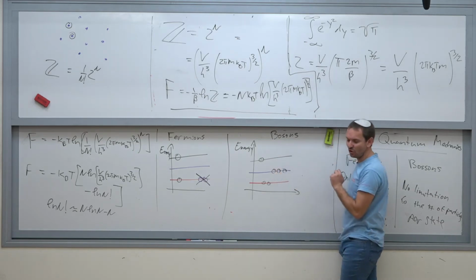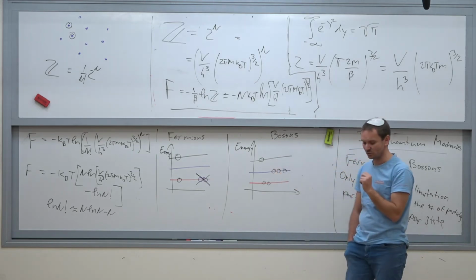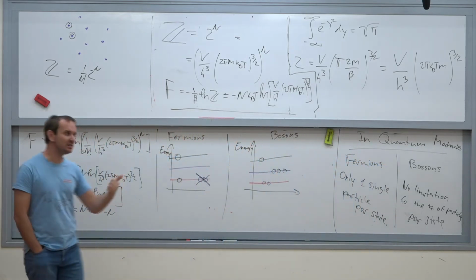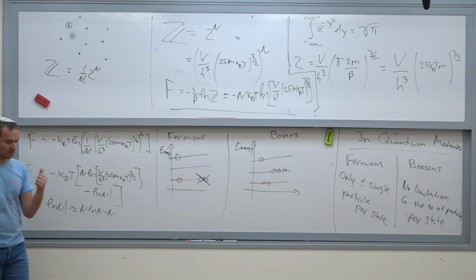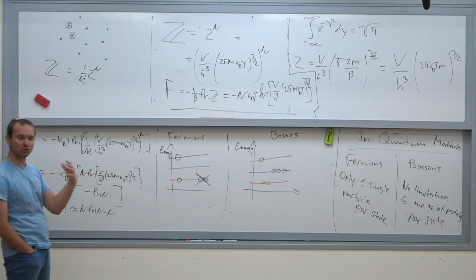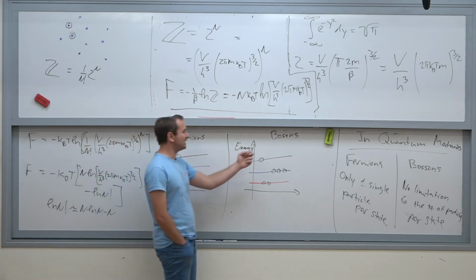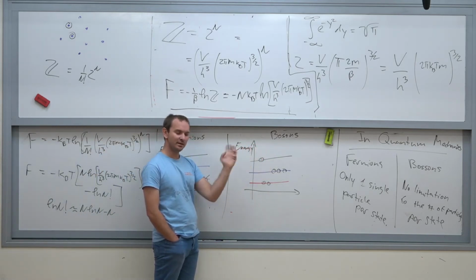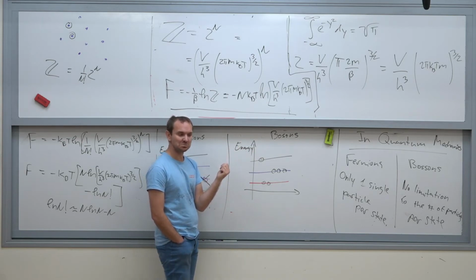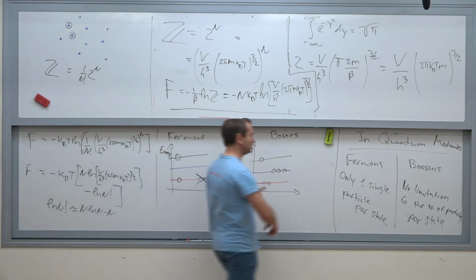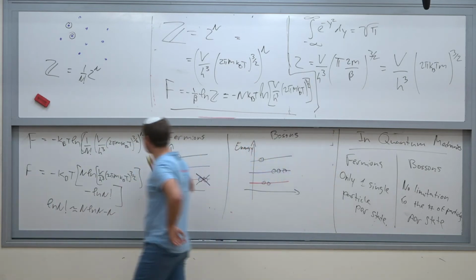But even this is wrong. So the permutations help you somehow, but we will see that it's not exactly right. You cannot say, well, I have classical particles that are bosons, and the only thing that I should do is divide by the number of permutations. This is also wrong. Classical approximation is an approximation, and we'll see maybe why it works.